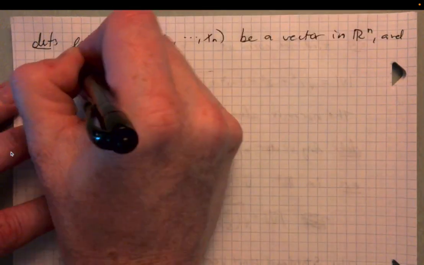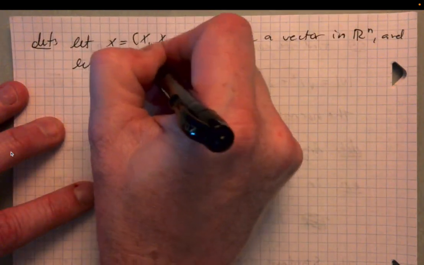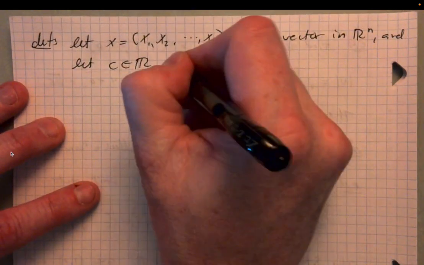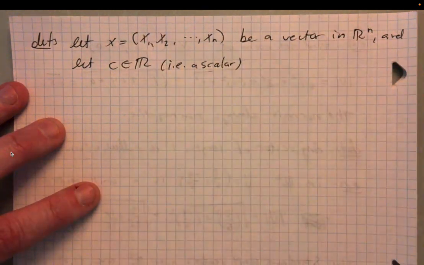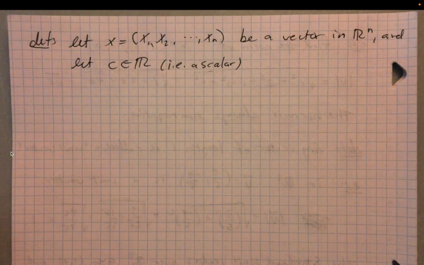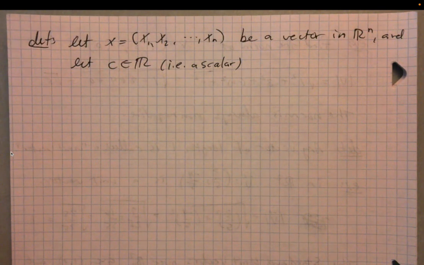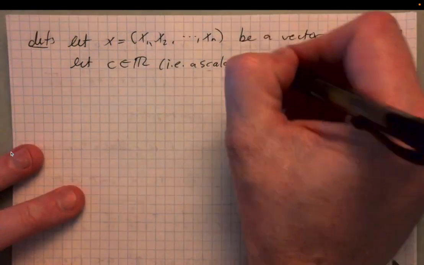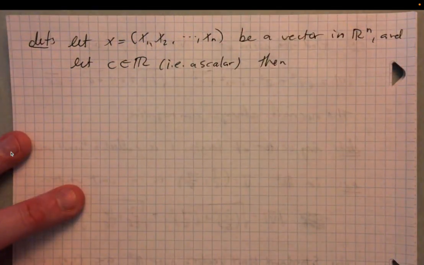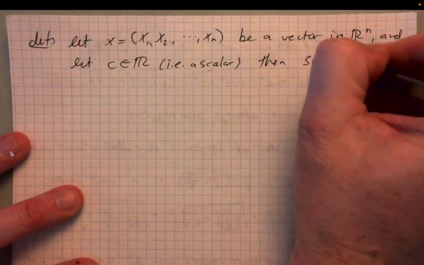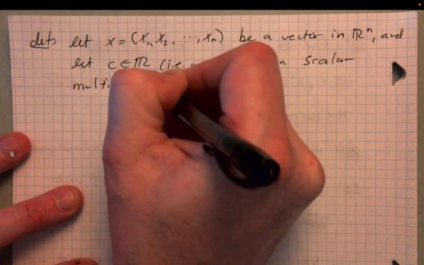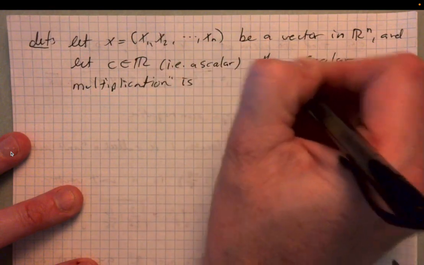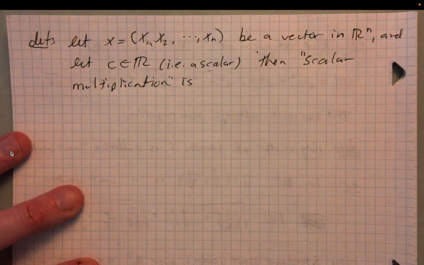And let c be a real number, i.e. a scalar. Okay, so we've got an n vector in Rn, and we've got a scalar, right, a real number. Right, so then we have what's called scalar multiplication.